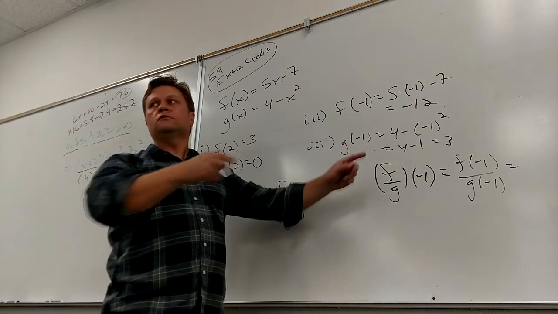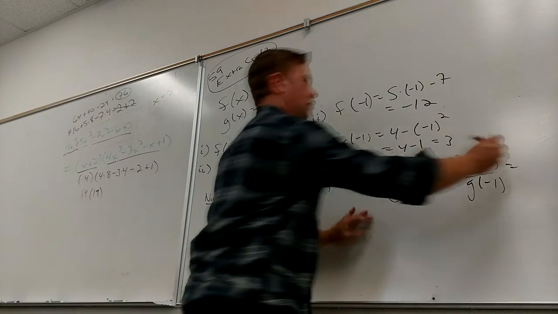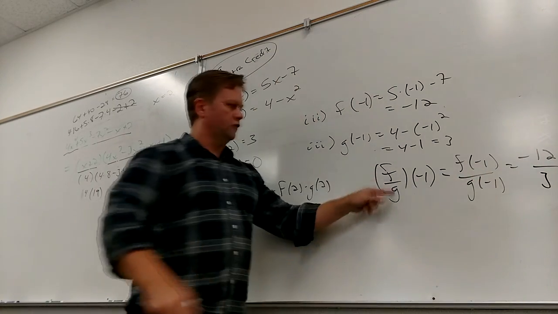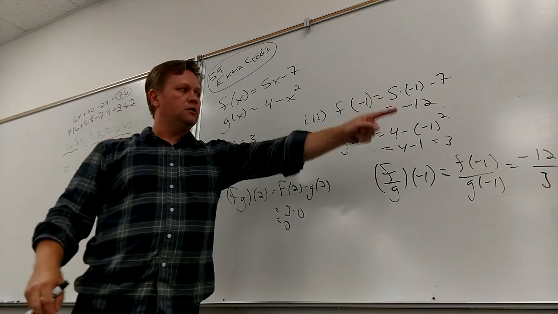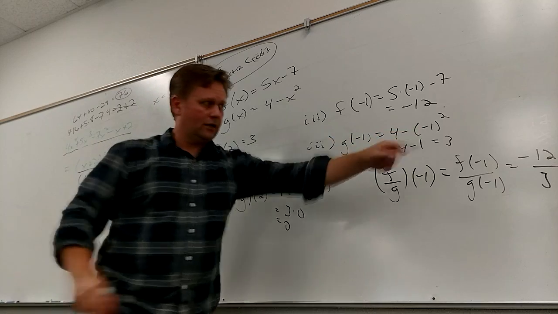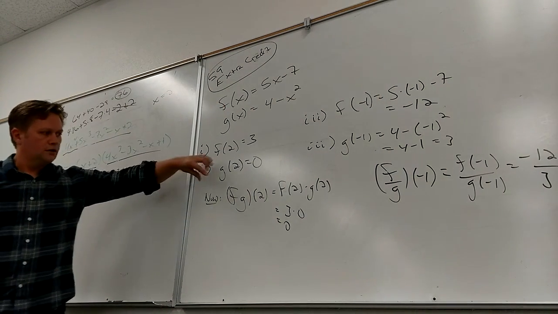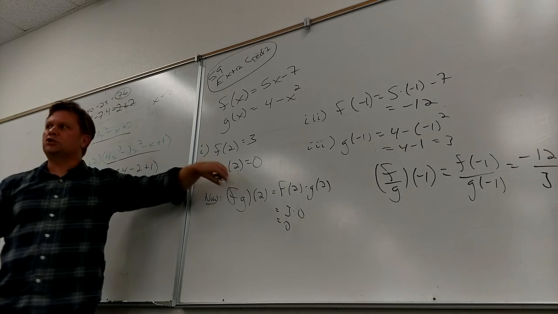What's f of negative 1? We just did it. Negative 12. What's g of negative 1? 3. So what's f over g of negative 1? Negative 4.